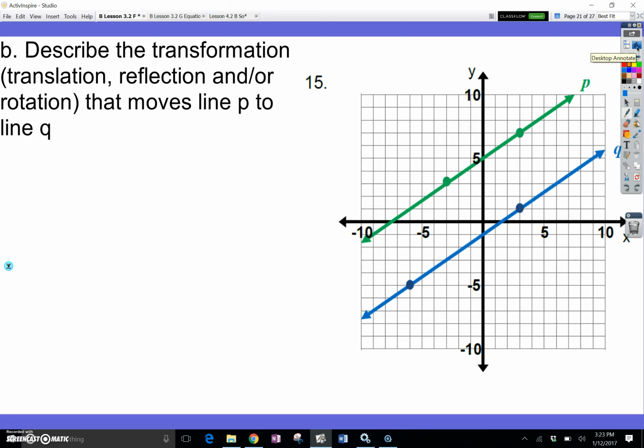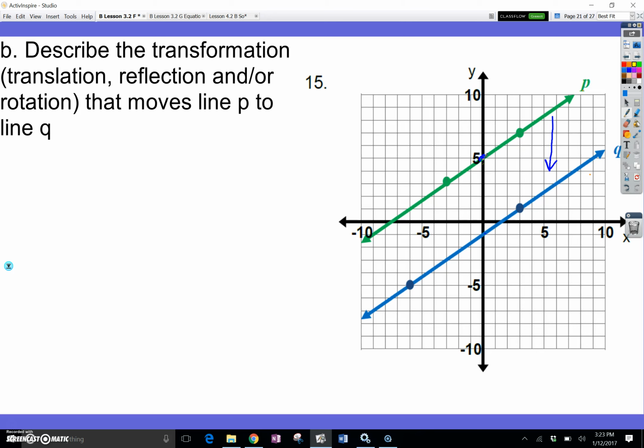Now I want you to describe the transformation. Is it a translation, a reflection, or a rotation from line P to line Q? So this is on your test. I just got done looking at it, and we talk about shifting graphs up and down. So this one is actually a translation because we're moving the graph down, going from green line to blue line, and we just count from the y-intercept to y-intercept to see how far we went down.